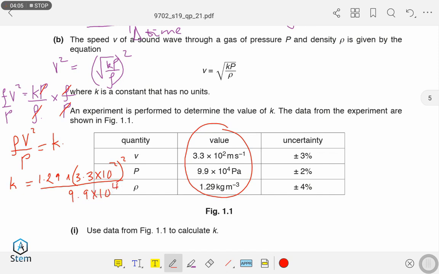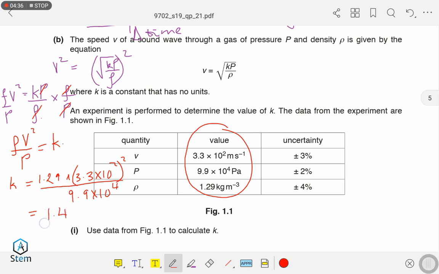When you are working on a question like this, please make sure the units are SI units. For example, if our ρ was in grams per cubic centimeter, we were supposed to convert it to kgs per cubic meter. So please pay attention to the units before you just plug in the values. Alright, if we do that, we will have our answer as 1.4.